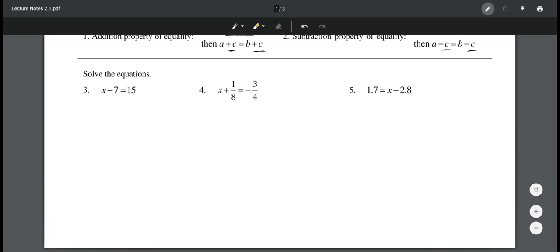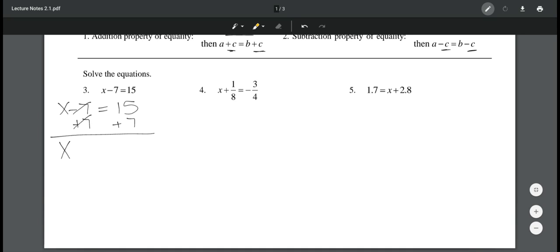In example number 3, it says solve the equation. So what I'm going to do is isolate x. And the way I'm going to do that is that -7 has to go to the other side. Well, the only way I can get rid of a -7 is to add the opposite of that. So if I say x minus 7 equals 15, and I add 7 to both sides, I get x.